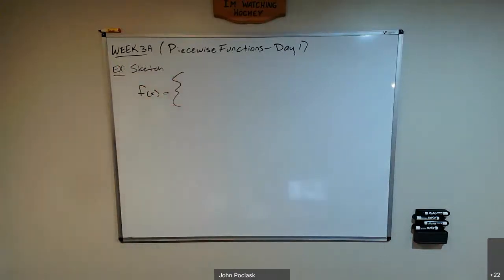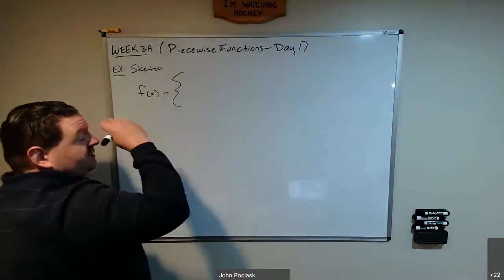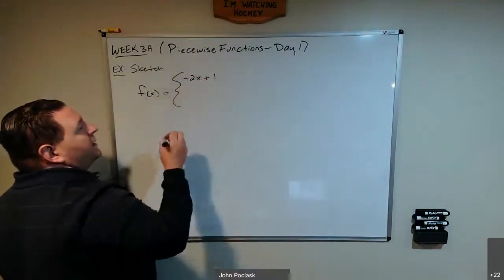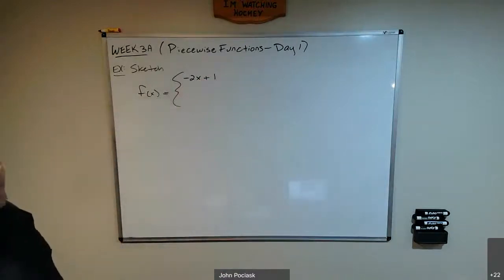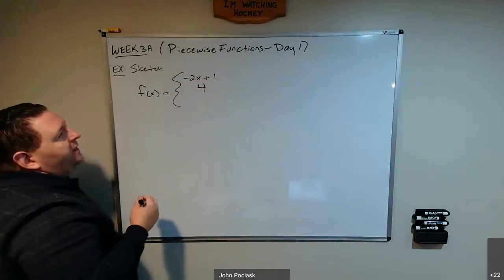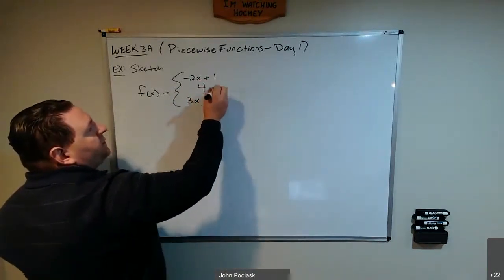We'll make it 3 lines. Top line is going to be, let's do negative 2x plus 1. Second line is going to have a value of 4, constant. And then the last line will do 3x minus 7.